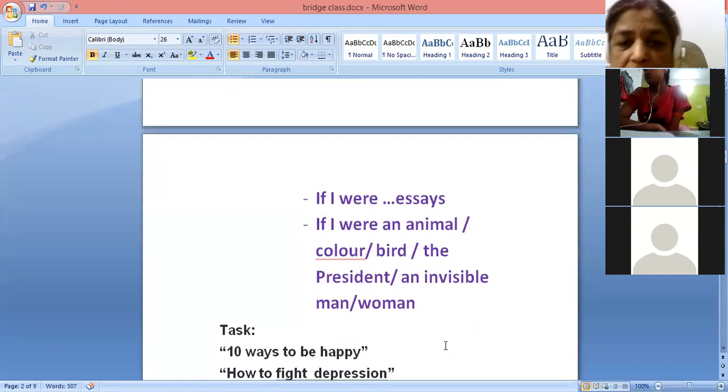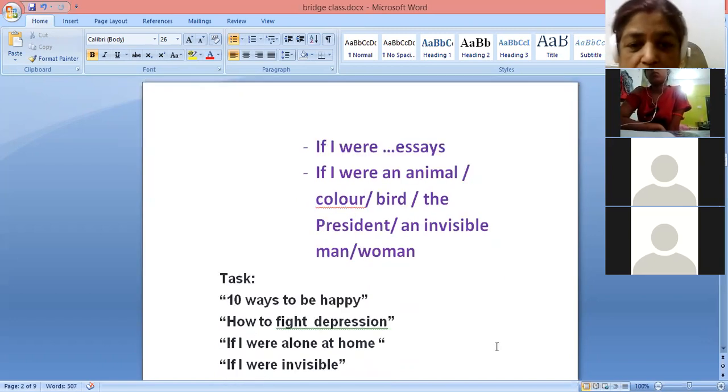And you must have written many such things in school. If I were the president, if I were the prime minister, if I were a teacher of English, if I were an animal, which animal would I be? If I were a bird, which bird? If I were an invisible man, तो आप क्या करते, कहाँ जाते, क्या क्या करते आप?